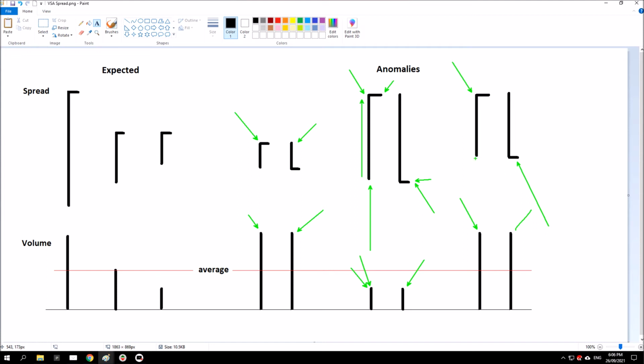Now, in this case here, imagine if price had been moving higher for a period of time on average spreads and average volume, and all of a sudden you got really high volume on an average spread. You got really excessive volume for no apparent reason. You should be suspicious until you see what the response is.